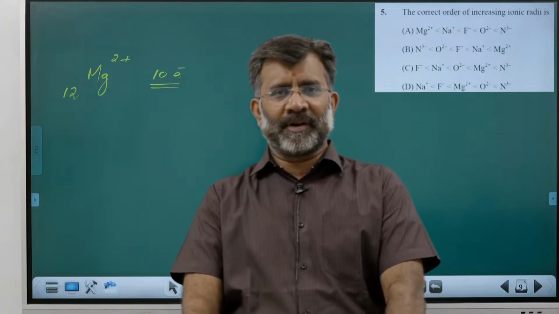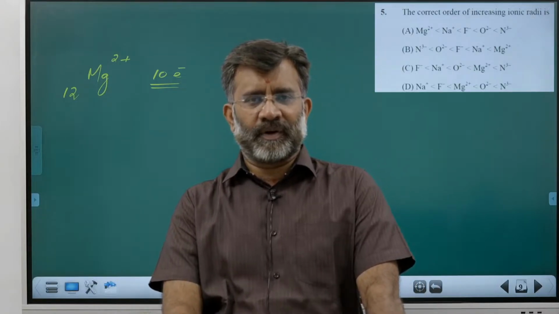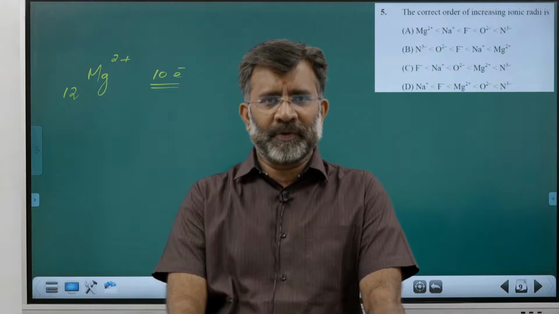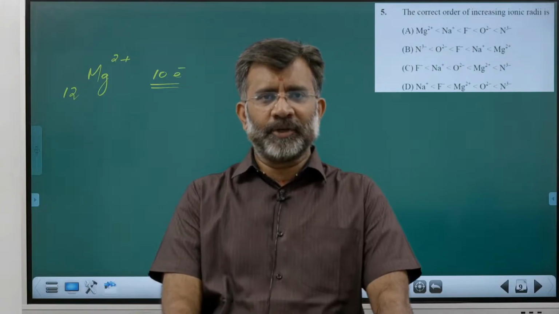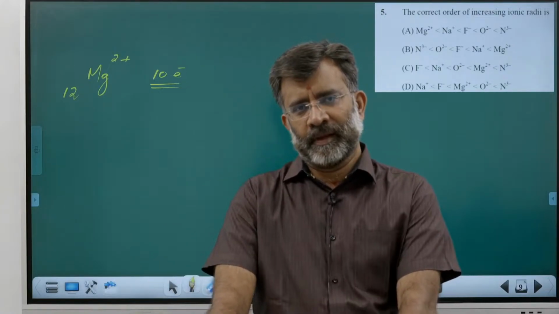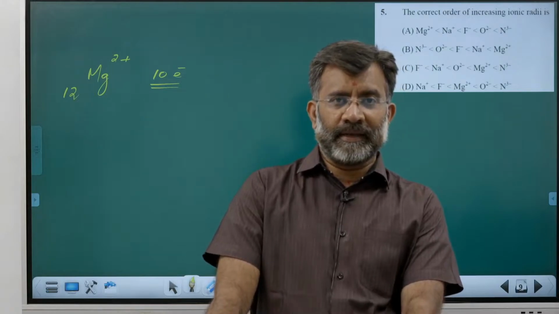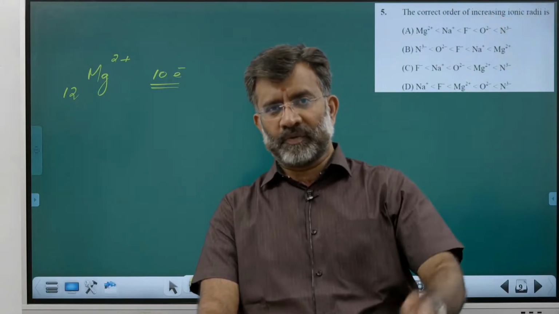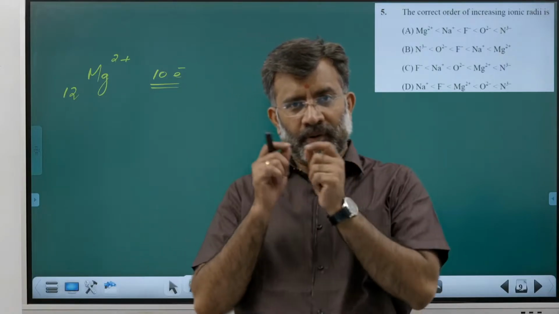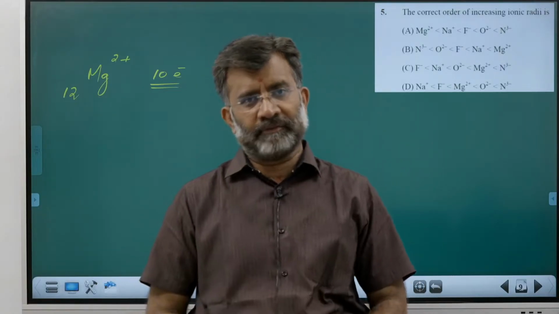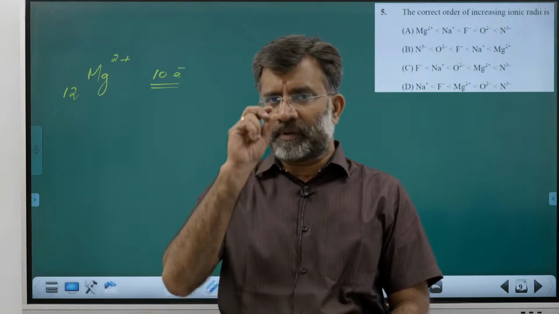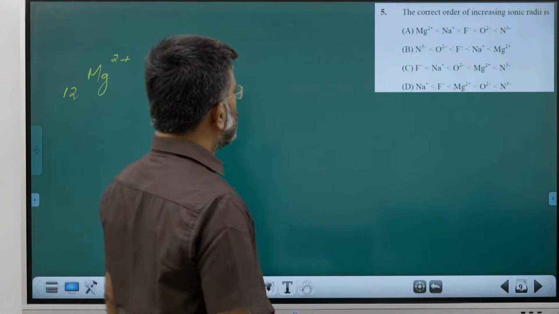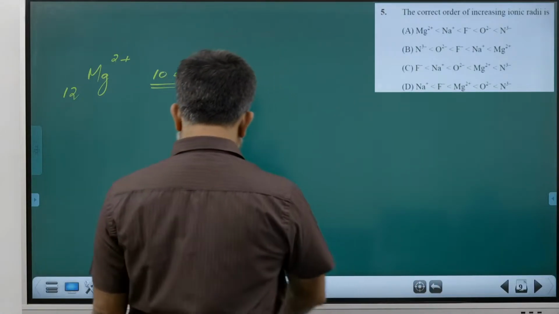And now what is the order for size regarding isoelectronic species? All of you know it depends on the effective nuclear charge. Greater the minus charge, larger will be the size. Greater the positive charge, greater will be the effective nuclear attraction, and smaller will be the size. So which will be maximum in size?